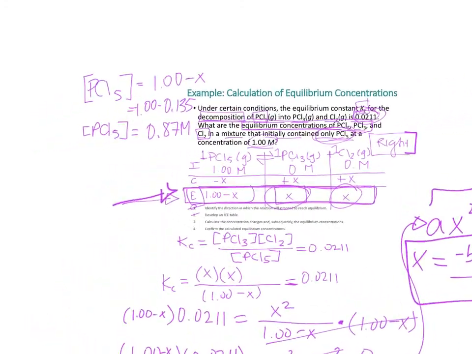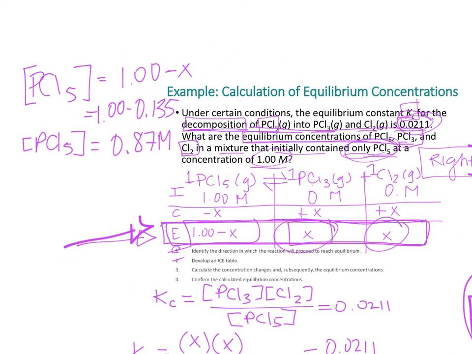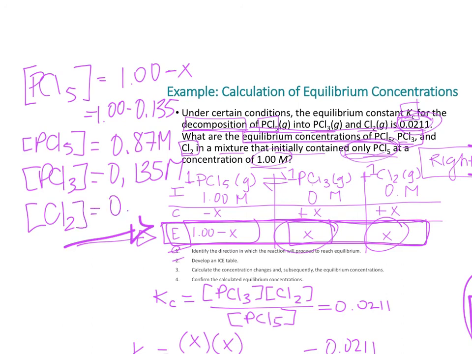Remember that 0.135. So for PCl3, it's equal to 0.135. That's ugly, sorry about that. And then for Cl2, the concentration is equal again to just X, which is 0.135 molar. And yeah, I know this got messy, sorry. So these are our answers right here, what's being circled around in the yellow.